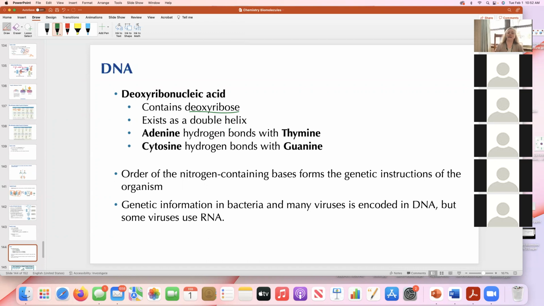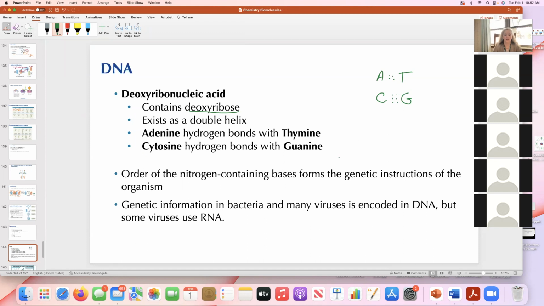And so we find in these base pairs, we're going to have bases that regularly pair with each other. Adenine will bond to thymine, okay, adenine to thymine, and cytosine will bond to guanine.